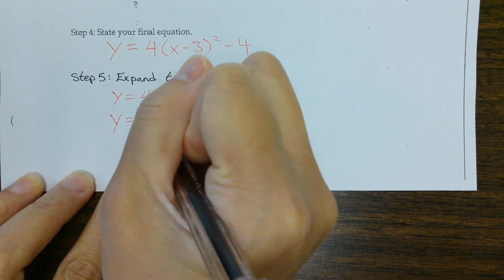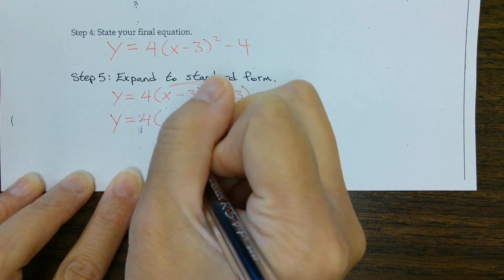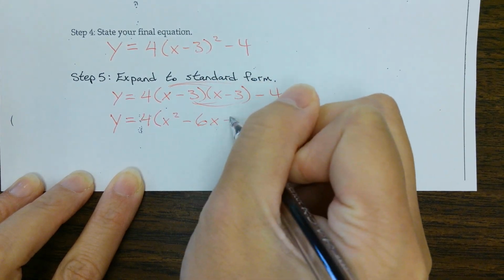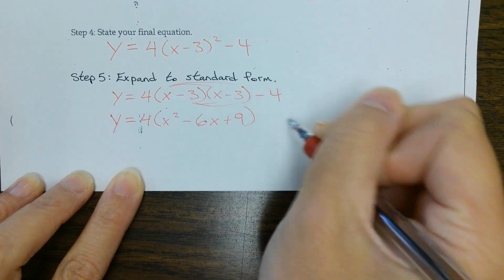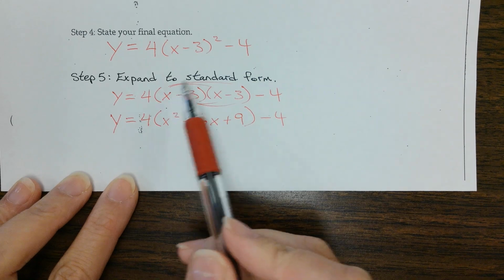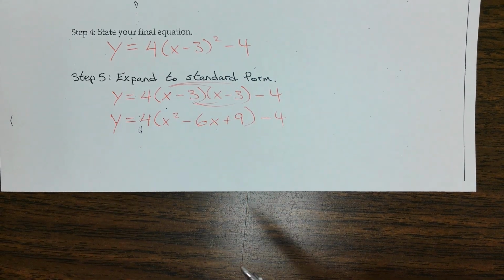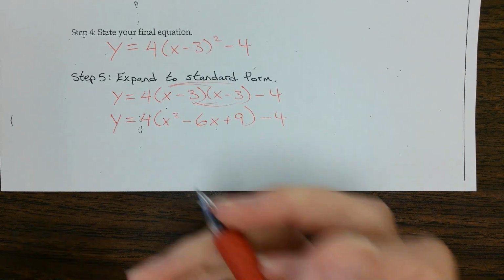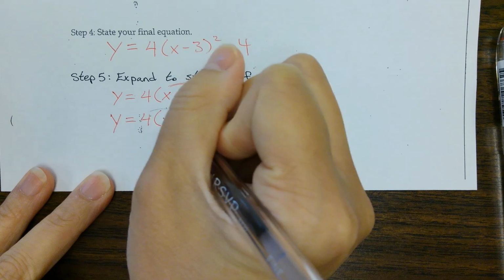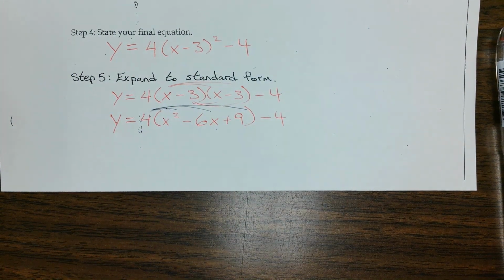So y equals 4 times bracket, do FOIL. When you do FOIL, you'll realize that you have a middle term: x squared minus 6x plus 9. Now I can distribute that 4 into everything inside this bracket by multiplying.